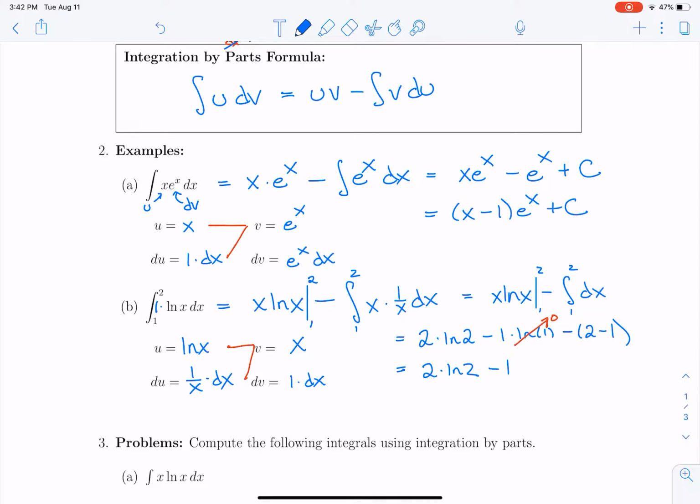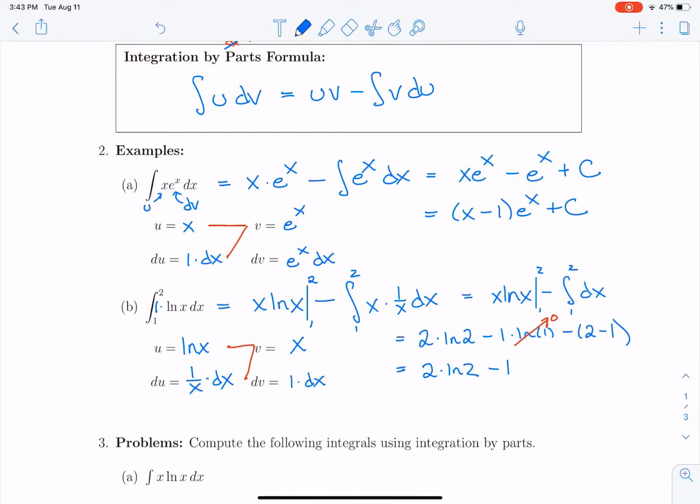So u is often going to be powers of x for that reason. And then for dv, it's got to be something that you can easily integrate. So dv often is going to be things like e to the x or sine and cosine, which are easily integrated.